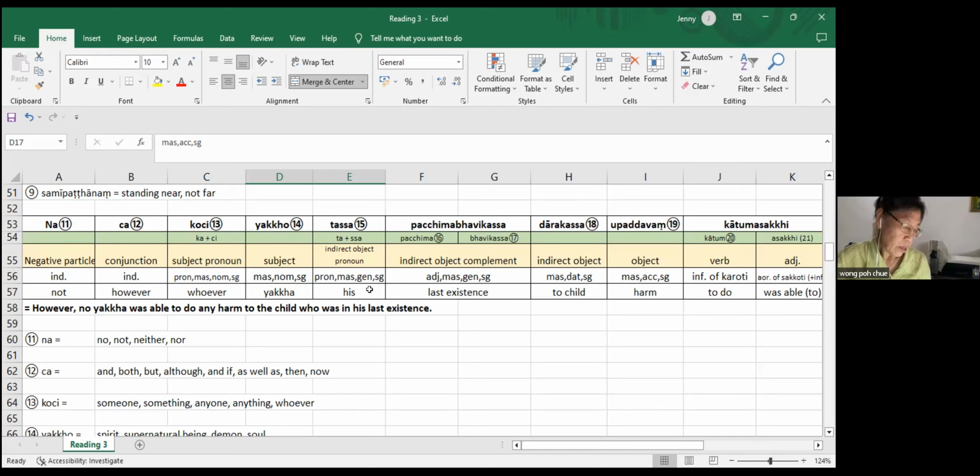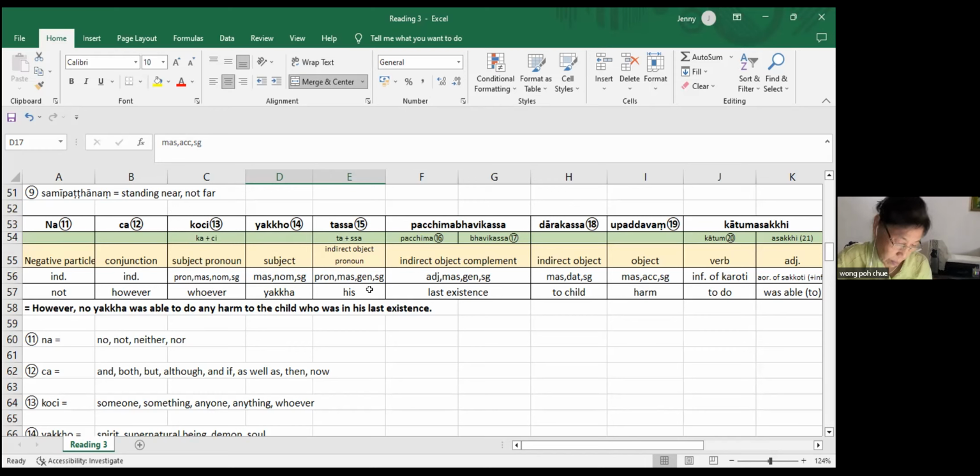And so the main sentence here will be, no, Yaakov was able to do harm to the child. And the main object here is upadawang.